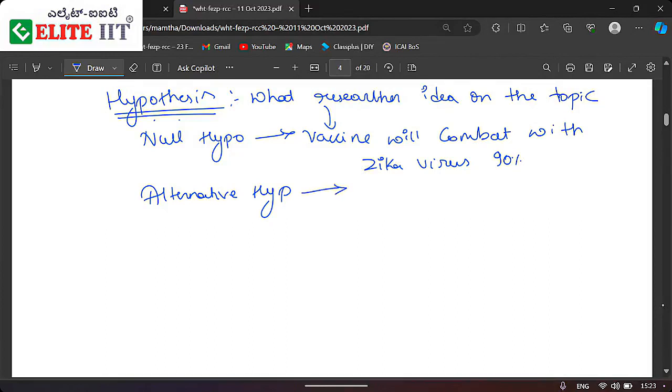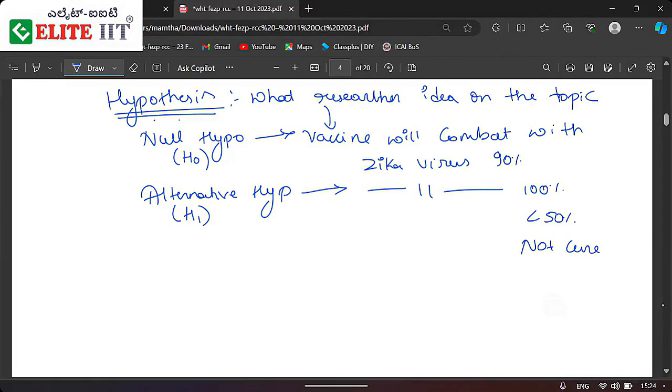But you should keep an alternative hypothesis, and the alternative hypothesis could be anything. Say, this vaccine is going to clear this with 100% capability, or with less than 50% capability, or it will not cure at all. So my alternative hypotheses could be many.